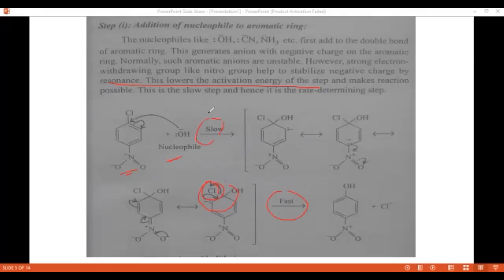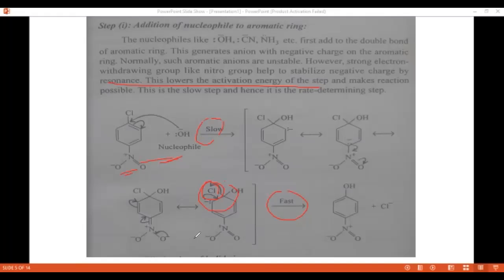Such reactions are called second order nucleophilic aromatic substitution reactions.